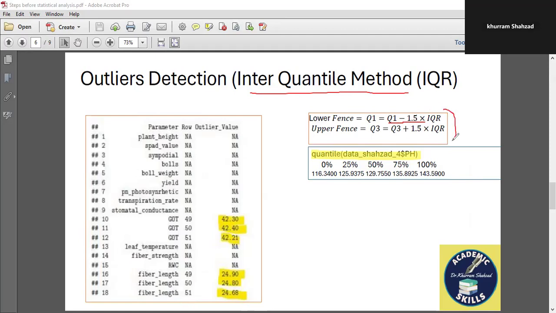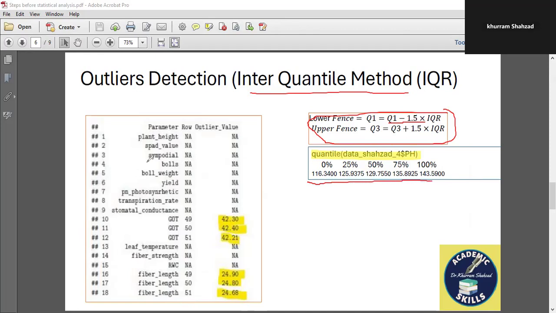You can calculate outliers in your data through this method, and you can see quantiles at 0, 25, 50, 75, and 100%, showing how your data is distributed.